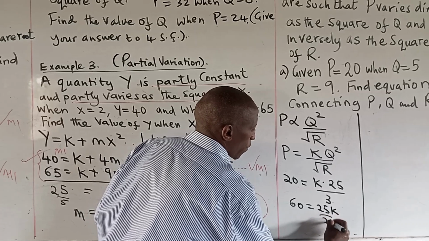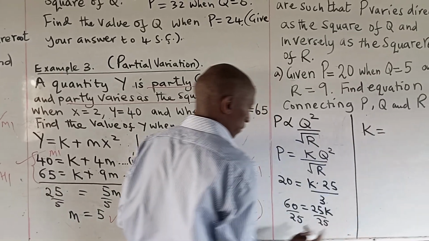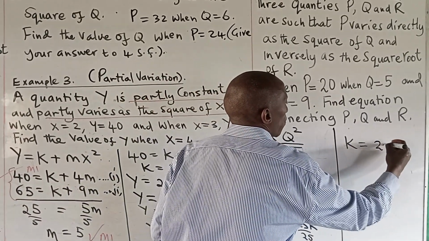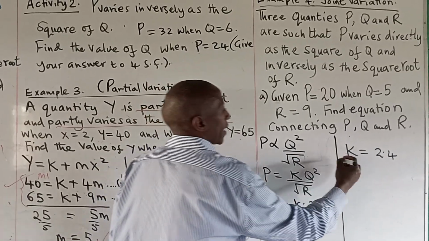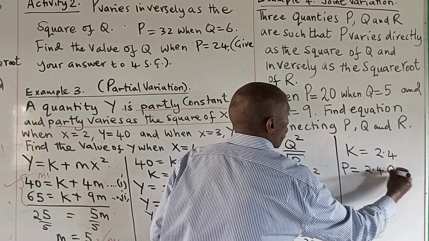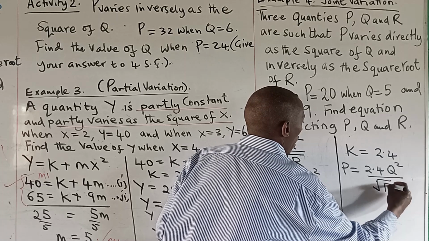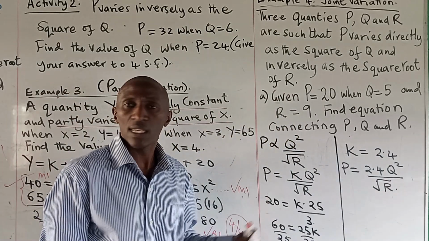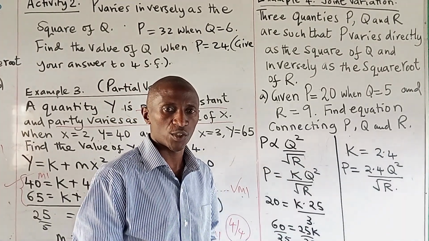We divide by 25 on both sides, and we get that K is equal to, from your calculators, 60 divided by 25, we get 2.4. So the equation linking P and Q is that P is equal to 2.4 Q squared all over the square root of R. And this is a very good case of joint variation.